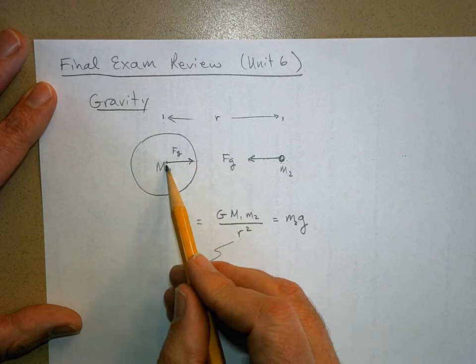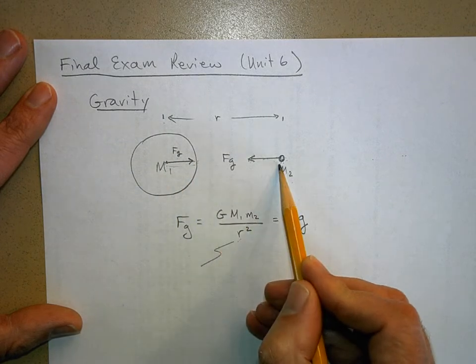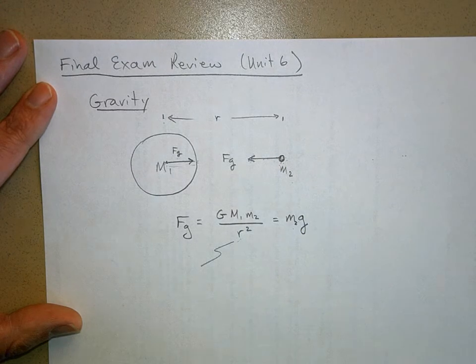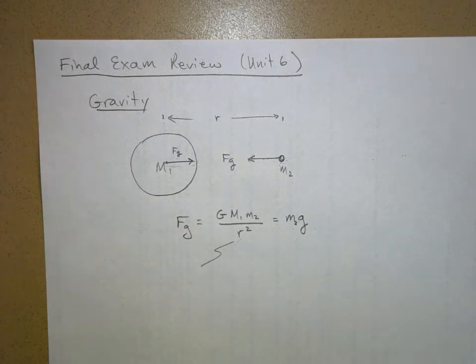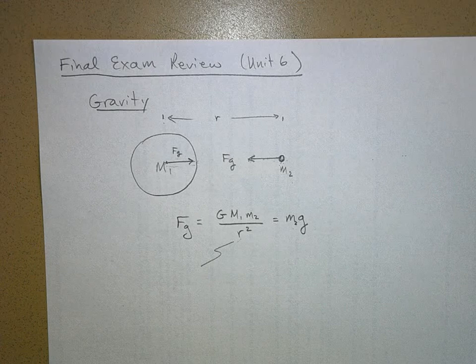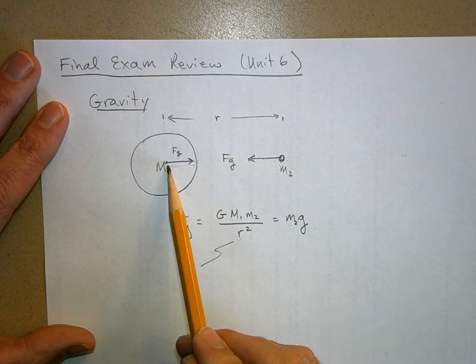Well, r is the radius of my planet plus my height above the surface. So if I give you a problem where I give you the height above the surface, you have to add the radius of the planet, Earth probably, to that altitude to get r, this little r from the center all the way out here.